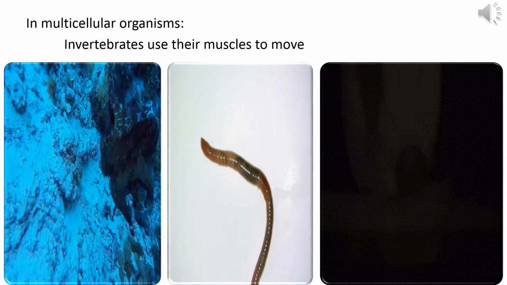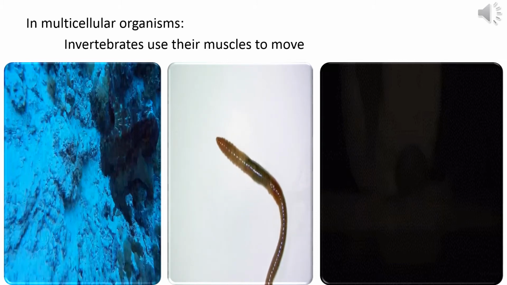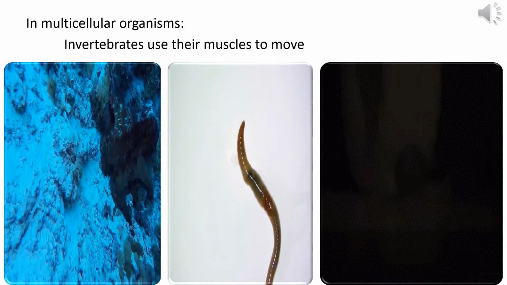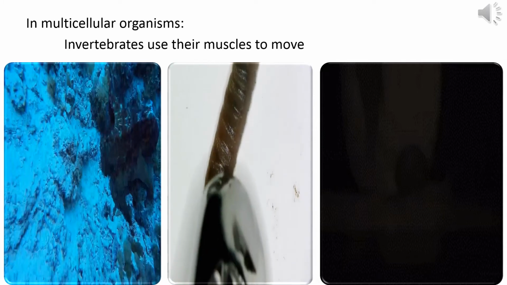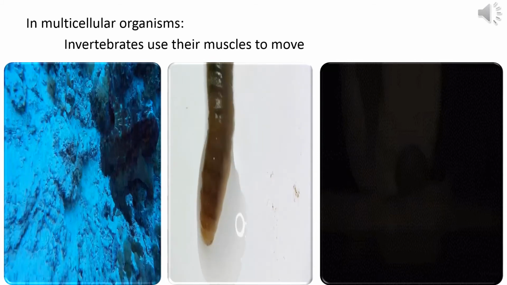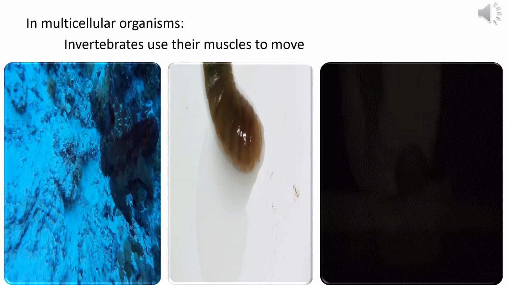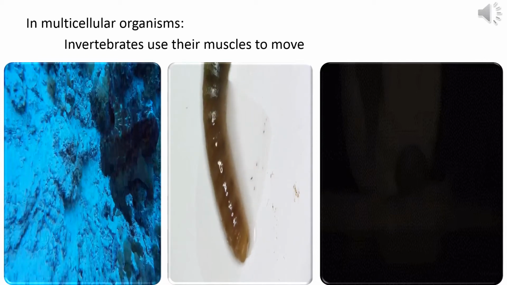Okay, so now you can see the earthworm on a more or less pretty dry surface. He's struggling to get around. So I try to give him a little drop of water, and now you can see how the earthworm starts to enjoy this nice and wet environment.